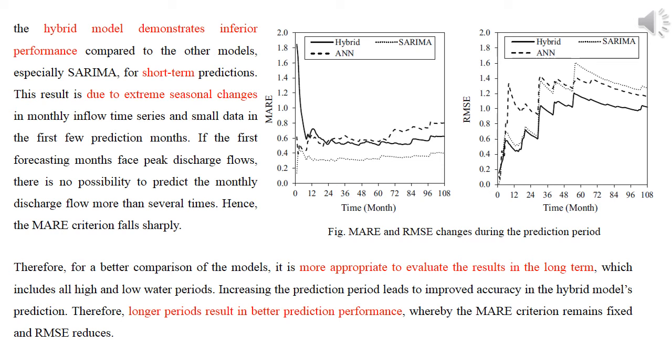Here we can see that for the short term the hybrid model is not that good because of extreme seasonal changes. But if you see the RMSE value, it is much lower than the individual SARIMA and ANN models. So for the long term we can use the hybrid model, and it gives better results than both models.